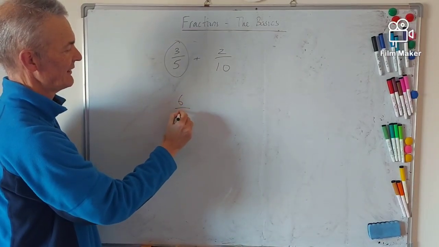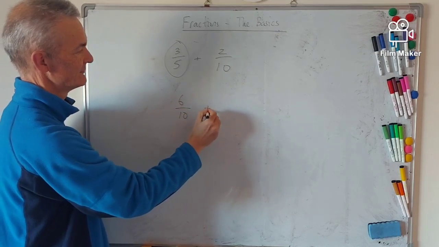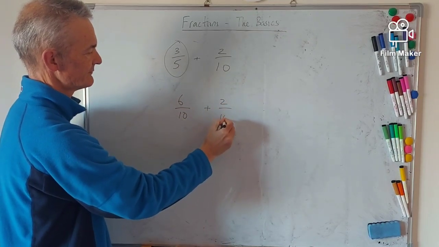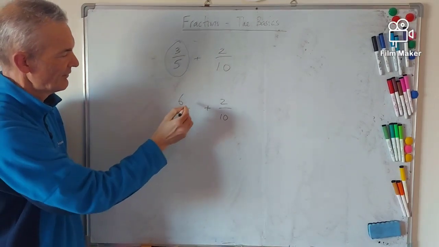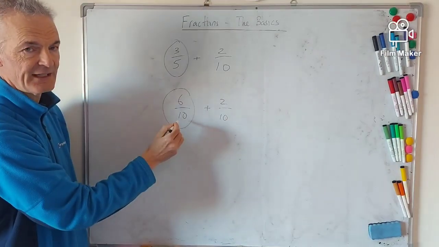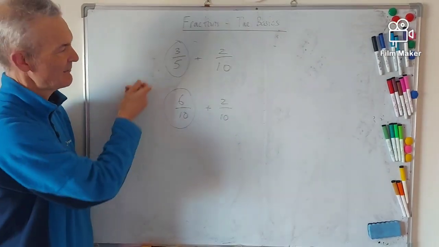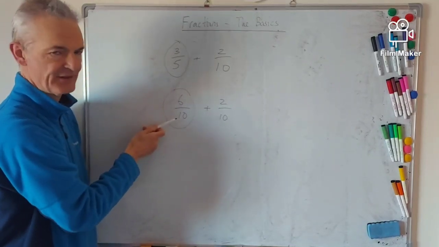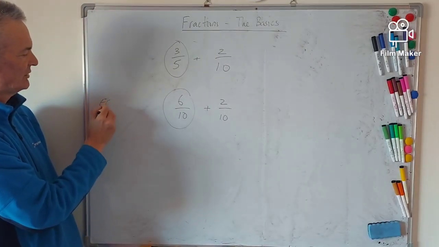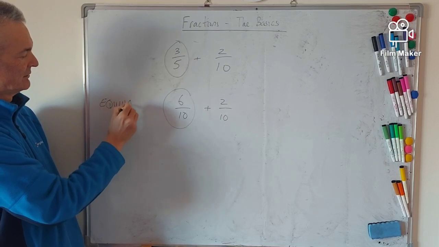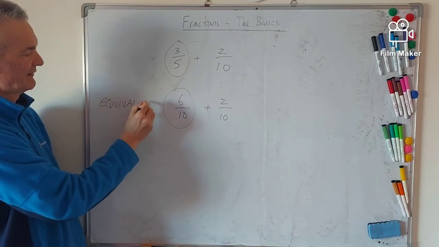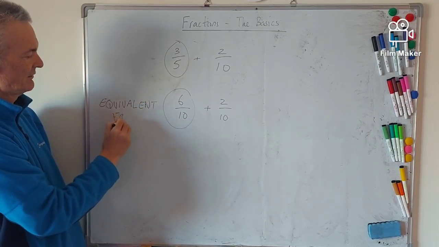So I'm going to get 6/10. So this fraction here is not exactly the same as that because obviously the numbers are different, but it is what we would call an equivalent fraction.